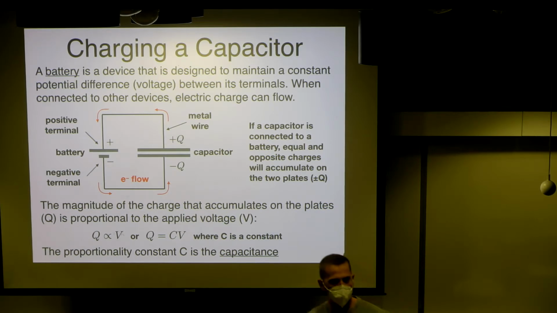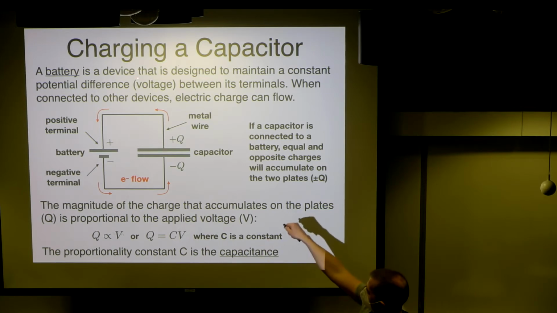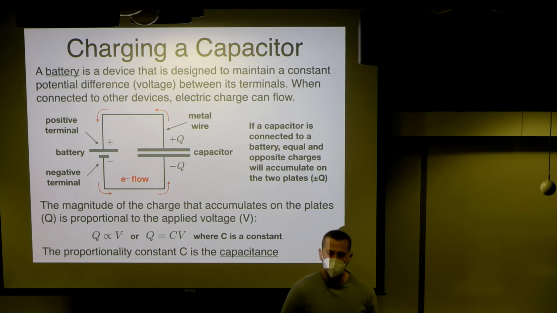But for now, we just want the picture of a battery as a voltage source. Okay, so for our purposes right now, a battery is just a voltage source, meaning there is a constant potential difference, aka voltage, between its two terminals. Right? So if I have a 1 volt battery, it maintains a 1 volt potential difference between the positive and negative terminals. If I have a 9 volt battery, then it's 9 volts, right?